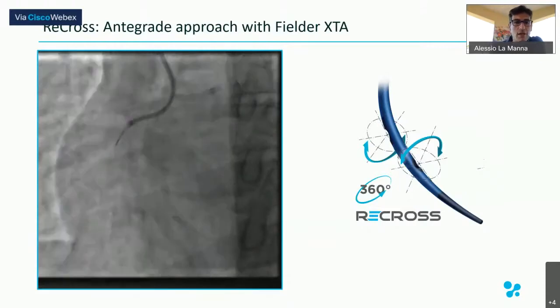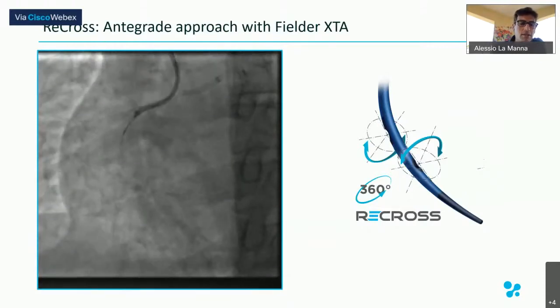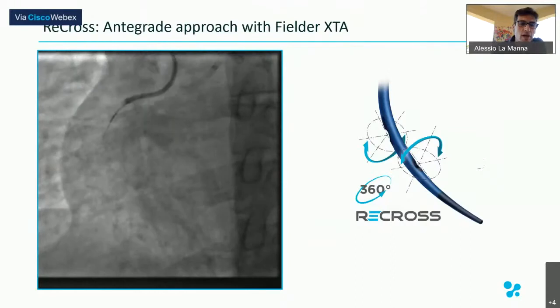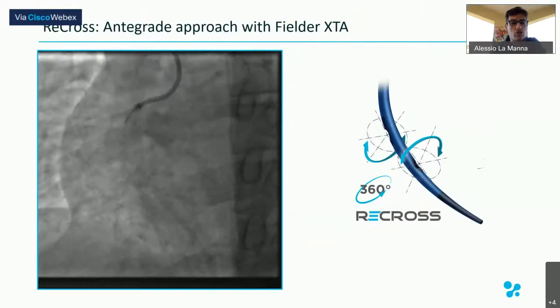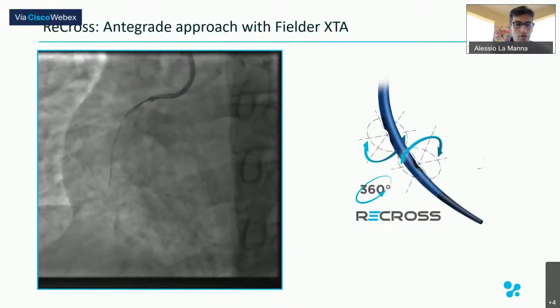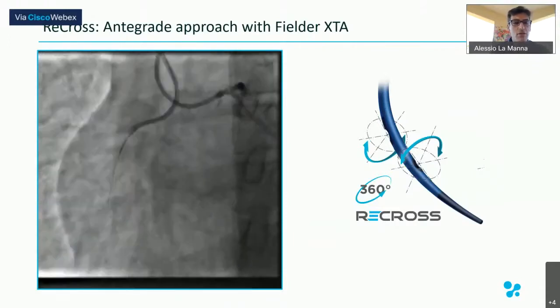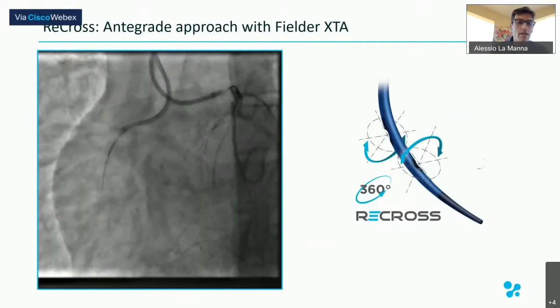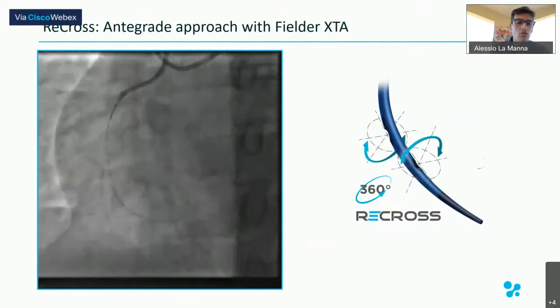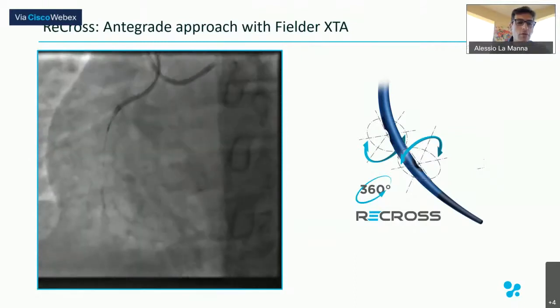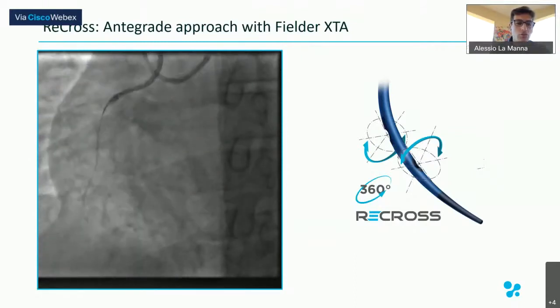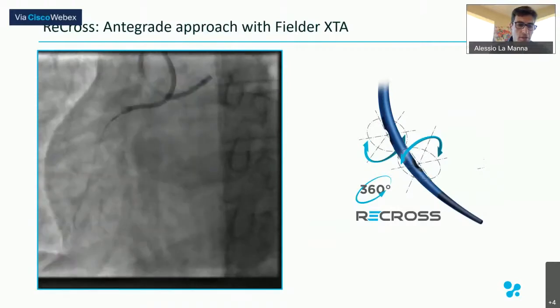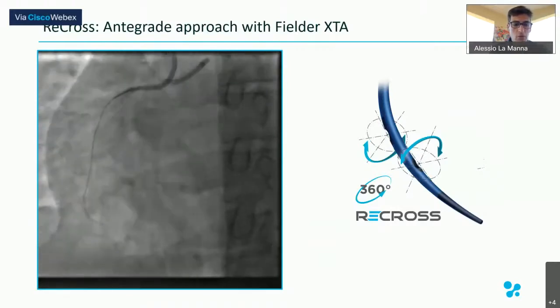Sometimes, to advance the microcatheter, you need to pre-dilate, but with a very low profile double lumen microcatheter like the Recross or the Enhancer X, you can advance even without pre-dilatation, because the stylet can help you to increase the penetration force. At this point, you can advance a second, stiffer wire with a double band at the tip, through the over-the-wire lumen, in order to try to advance into the body of the CTO lesion and to get into the distal lumen.